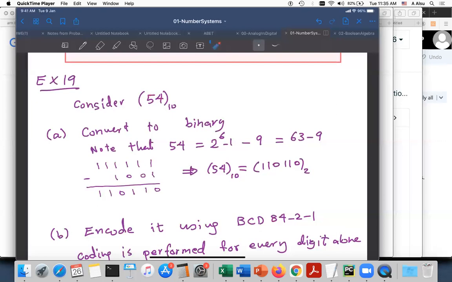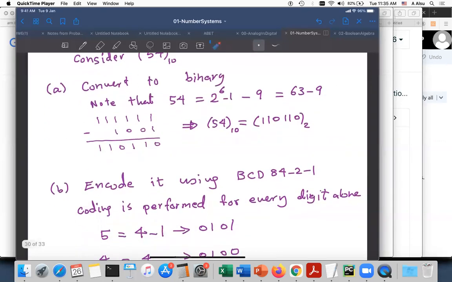So we see the code for 4, and then the code for 5, and then concatenate them together and get the result. This is in no way going to be equal to this, because this is 6-bit, whereas the conversion process is at least 7-bit, or rather exactly 8-bit, with some zeros probably padded to the left.